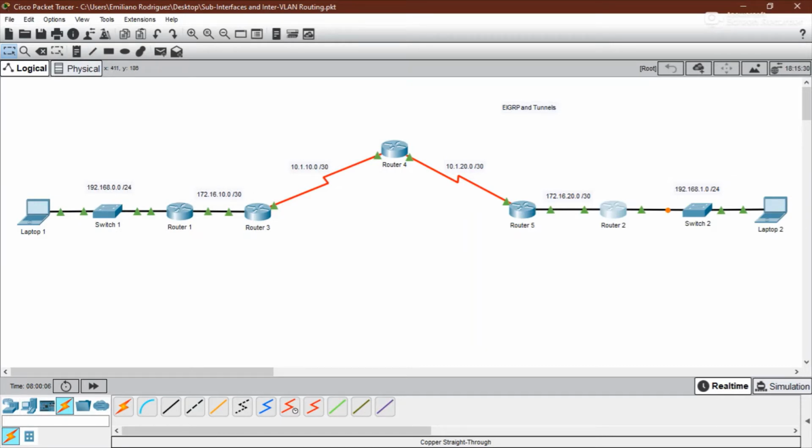Now all of our ports have been turned on. We will configure IP addresses.